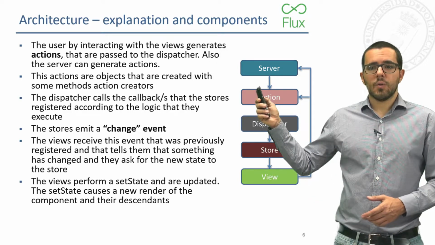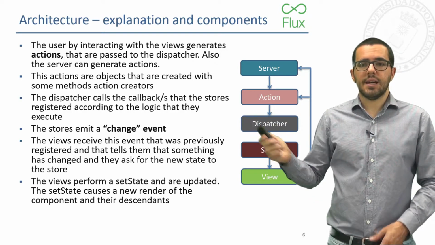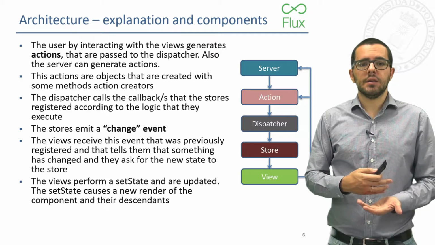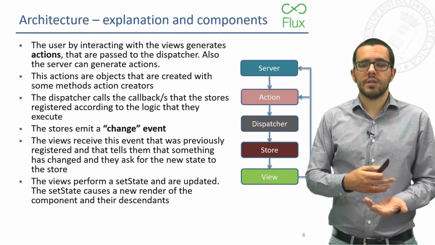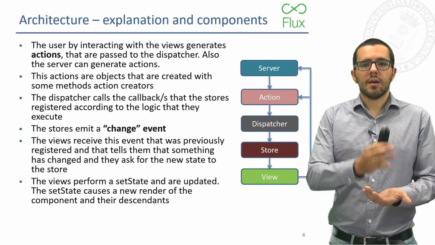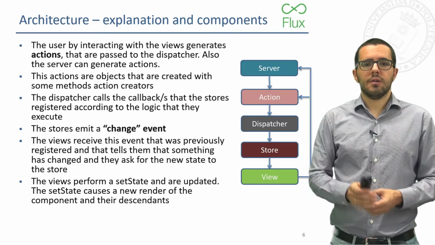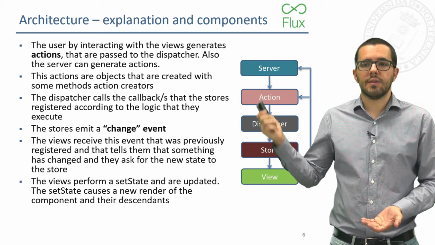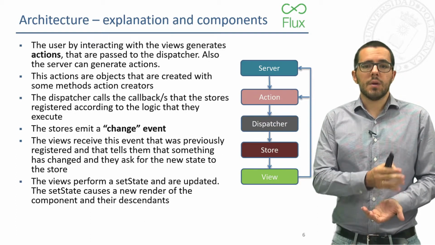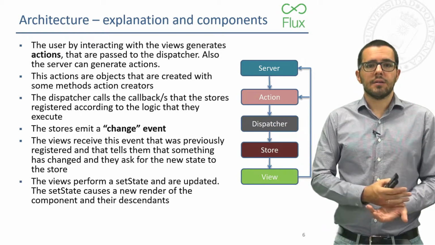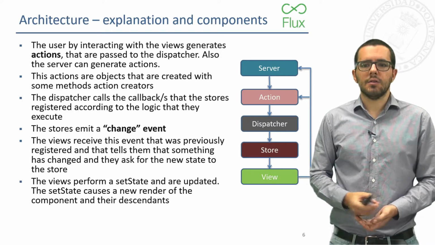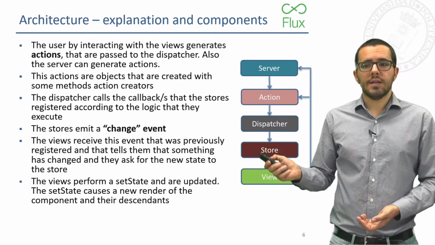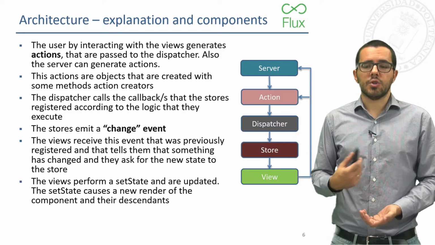The action will get to the dispatcher, that is just a very easy component of this architecture that will see which store is indicated to treat this action, to consider what happened. Maybe one or several stores can do something with that action, and the store is where the logic is, where the functionality is.